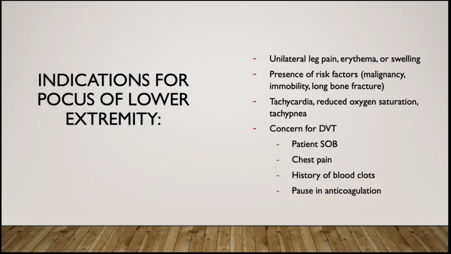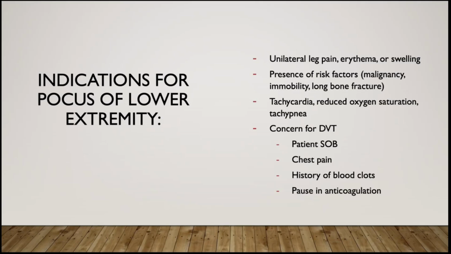So indications, relatively straightforward. If you're suspecting that somebody has a DVT, and what that might mean is you'll see on physical exam or history that the patient has unilateral leg swelling, erythema, or pain present. They may have a history that might point to increased risk of thrombosis, like malignancies, immobility, long bone fractures.